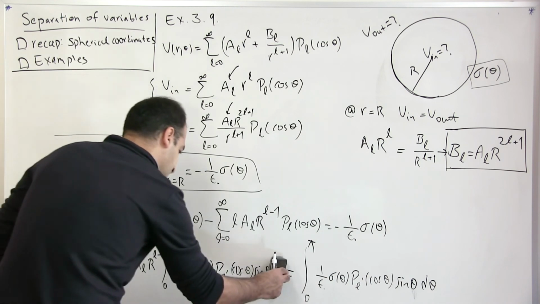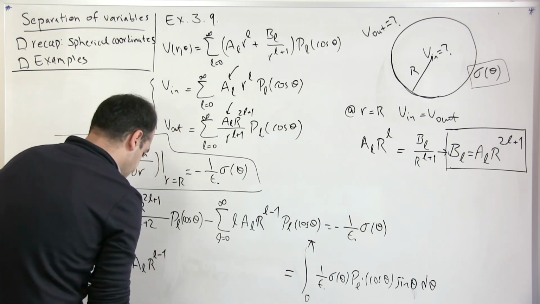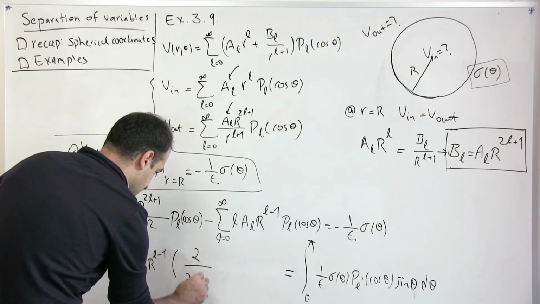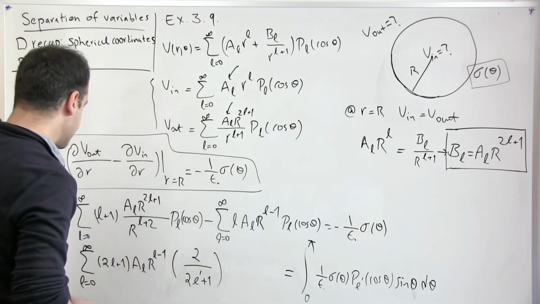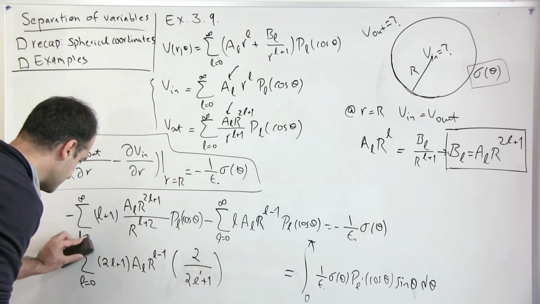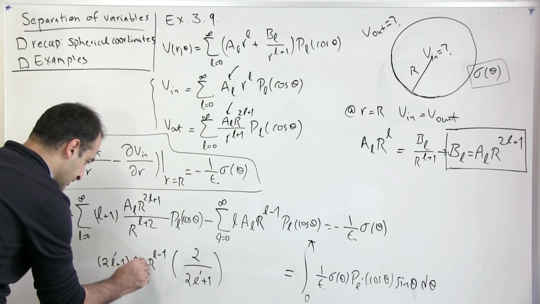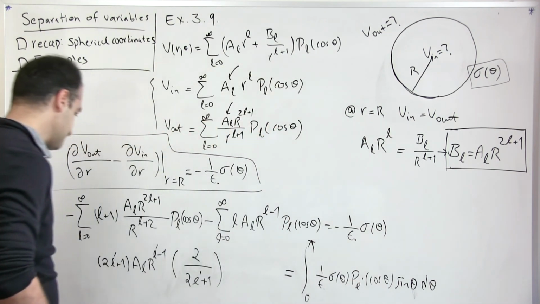So I'm going to get rid of the whole thing and replace that with 2 over 2L prime plus 1. And that's what we get when L is equal to L prime. That means we get rid of this sigma as well and set L equals L prime. And that is what we get for this.